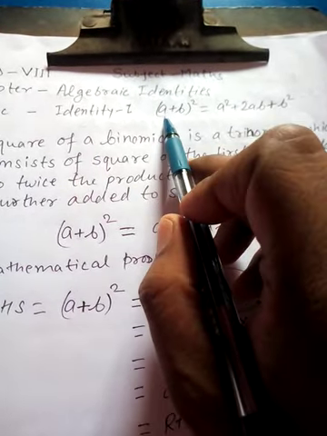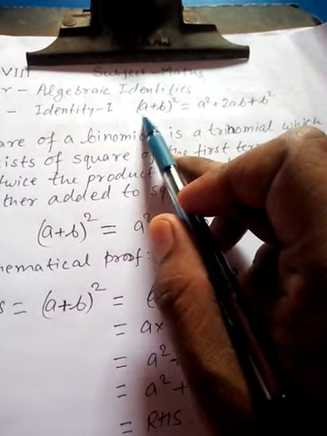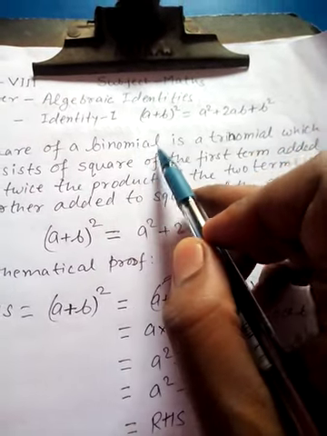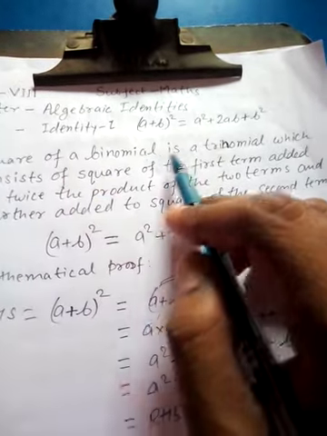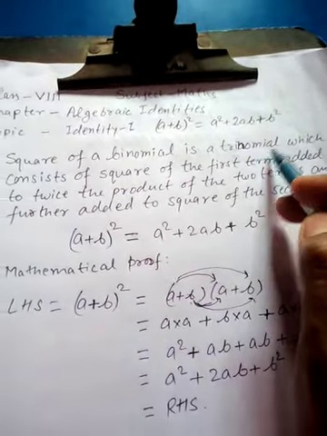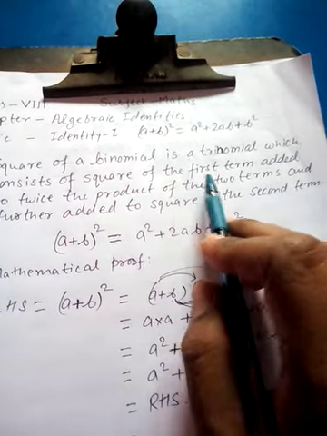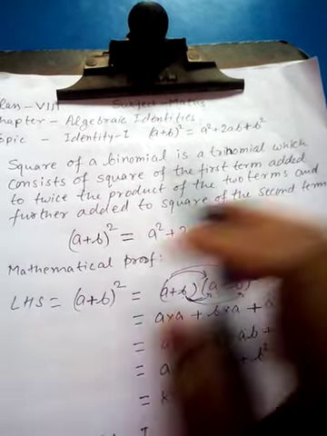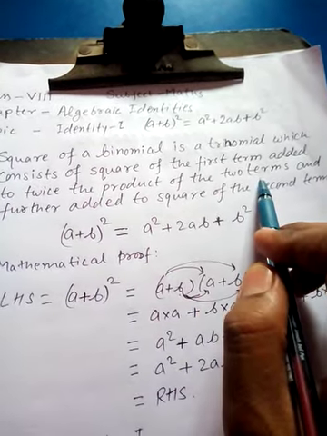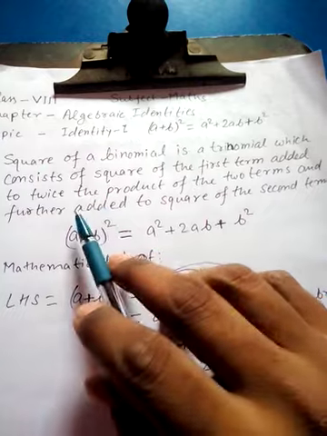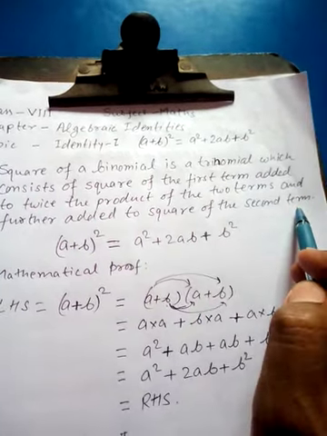Binomial means the algebraic expression having two terms. The square of a binomial is a trinomial which consists of the square of the first term added to twice the product of the two terms, and further added to the square of the second term.